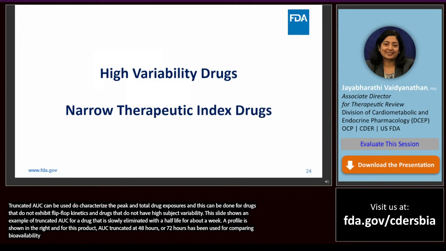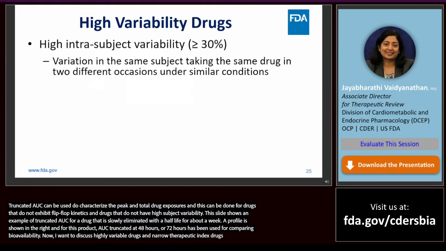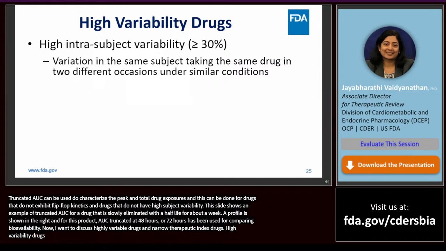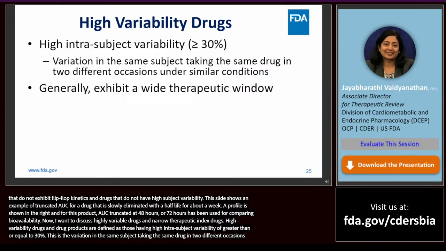Now I want to discuss highly variable drugs and narrow therapeutic index drugs. High variability drugs and drug products are defined as those having high intra-subject variability of greater than or equal to 30%. This is the variation in the same subject taking the same drug on two different occasions under similar conditions.